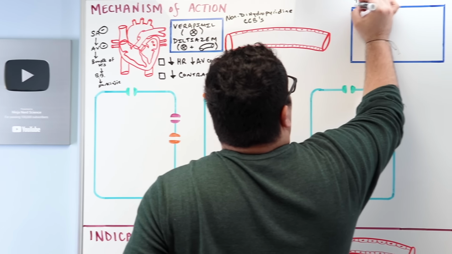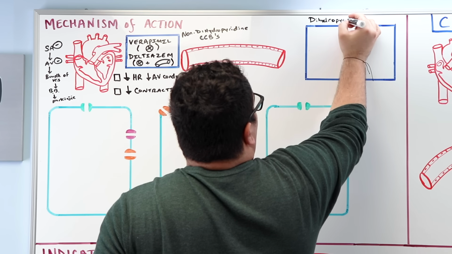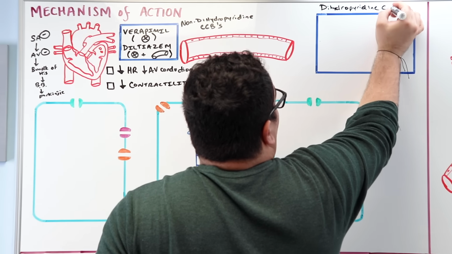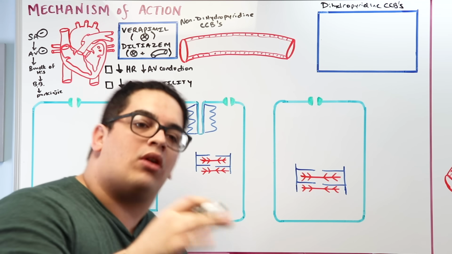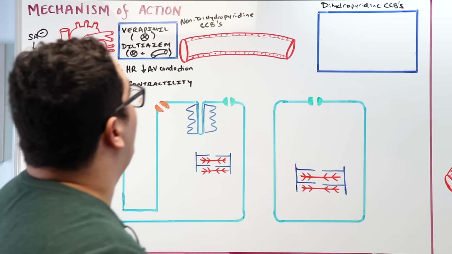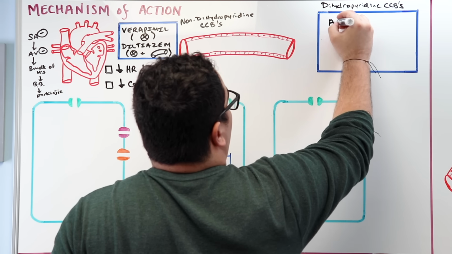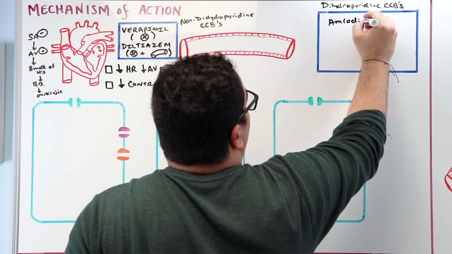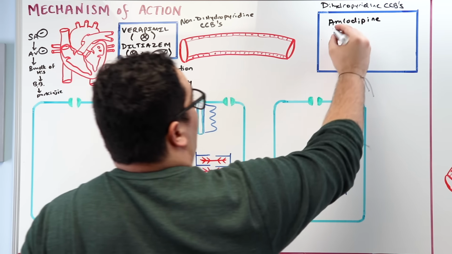So these are going to be your dihydropyridine calcium channel blockers. Now, what are some of these? This is going to be things like Amlodipine. Amlodipine is a very commonly utilized dihydropyridine calcium channel blocker.